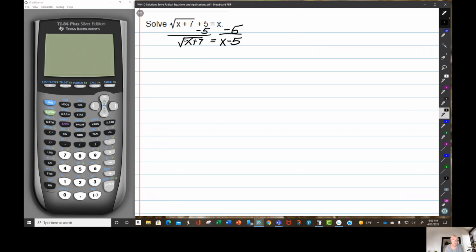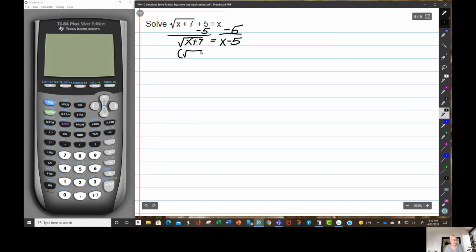Then I need to get the radical off of the x, which here is paired with an x plus 7. It's part of a binomial, so they're stuck together, at least under the radical. The only way to free up the x is to square the square root.